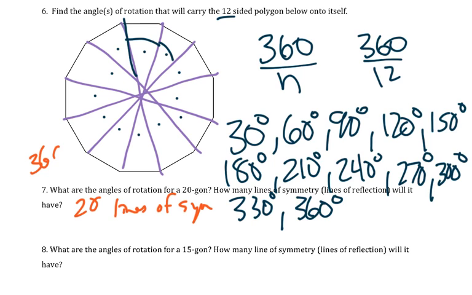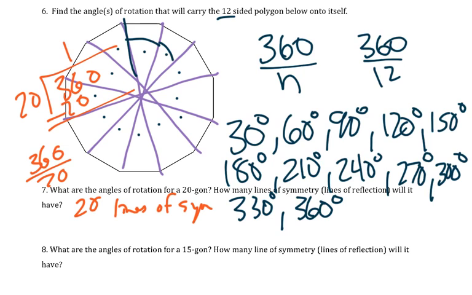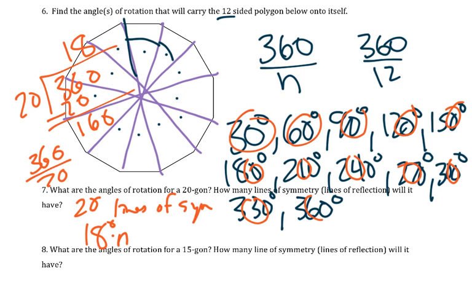Then we'd go 360 divided by 20, so 20 goes into 360 18 times. So we'd have an 18-degree rotation, which we could keep multiplying by 1, by 2, by 3 until we got up to 360. Now this had 1, 2, 3, 4, 5, 6, 7, 8, 9, 10, 11, 12 different angles. So this we'd go up to 20 different angles until we got to 360.